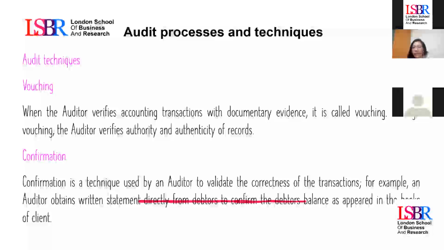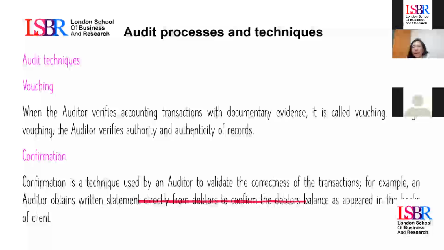Another technique that the auditor uses to collect evidence is confirmation. For example, the external auditor writes a letter to the bank asking: please, bank, give me the amount of money that the company has in this bank account.